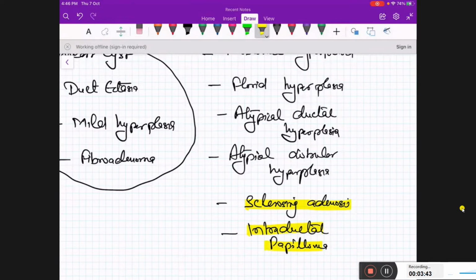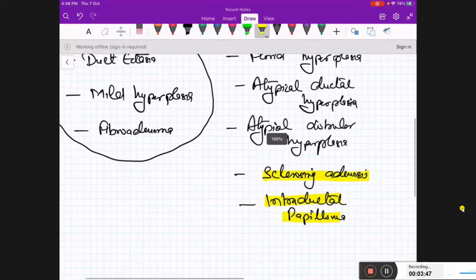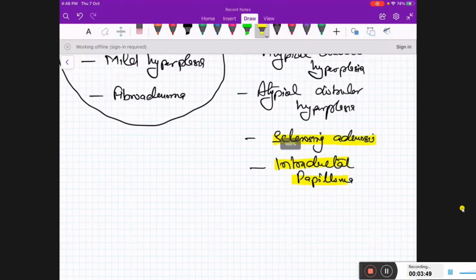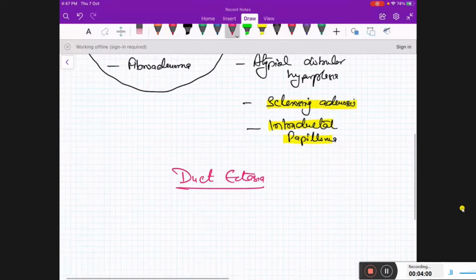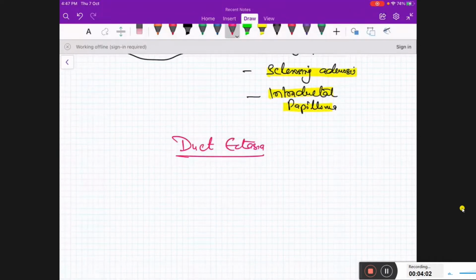Now, there are a few conditions which we should know about in these benign conditions, and one of them is duct ectasia. Can you tell me what is duct ectasia? What is ectasia?